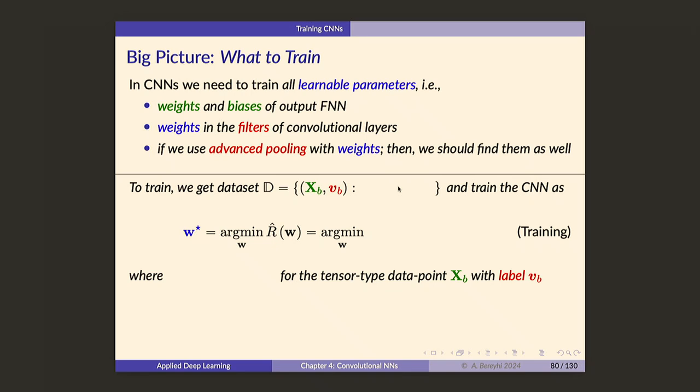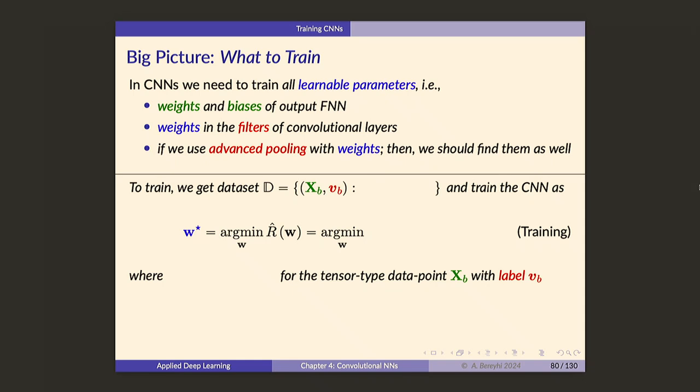The input now is a kind of tensor, so X is a tensor-type data point, a 3-channel RGB image, and Y is its corresponding label. This label could be a scalar integer label, or it could be a vector, for example a one-hot vector representation.